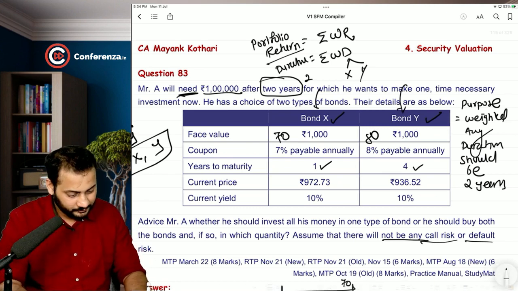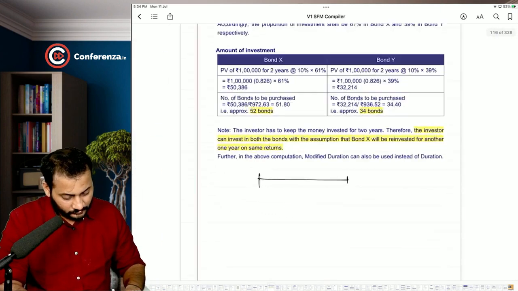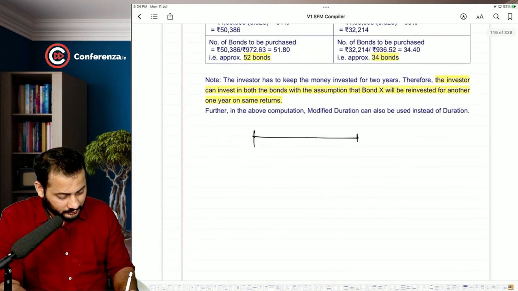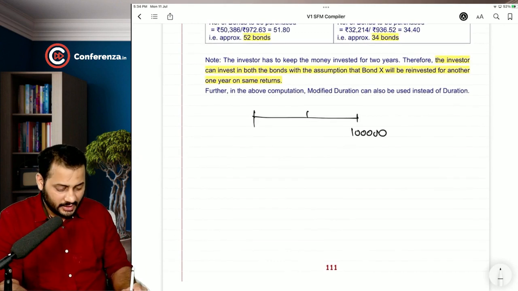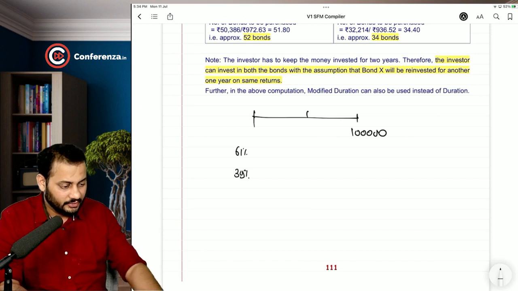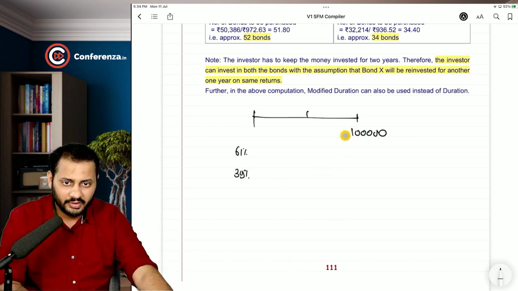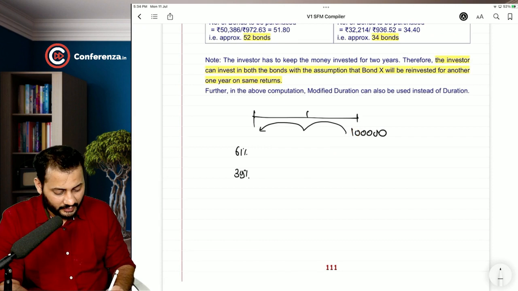So if you take the 1 lakh rupees that you want here, and you want to invest 61% here and 39% here, it is very clear that you are not going to invest 61,000 today. You are going to invest the present value of 1 lakh, which is 0.909 and then 0.909 again for every year.